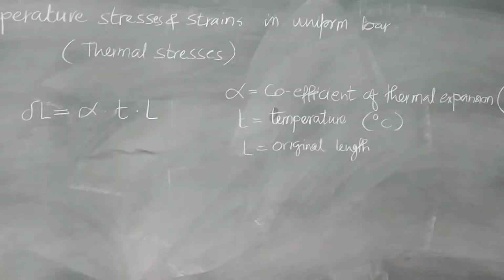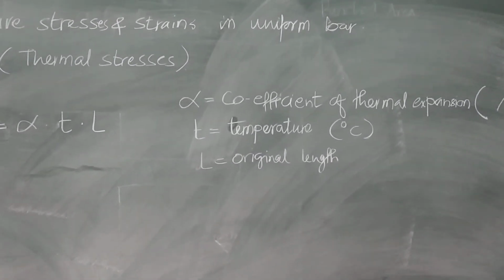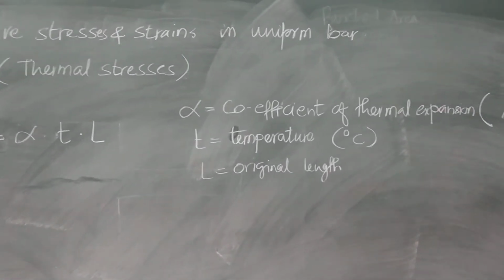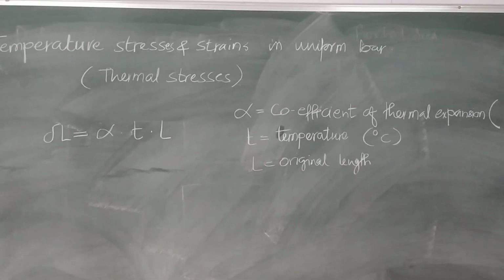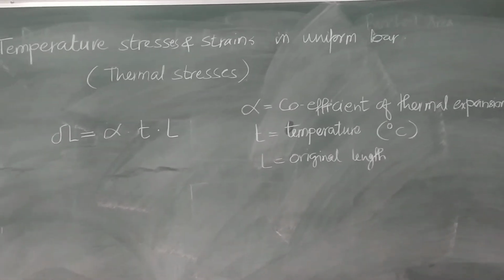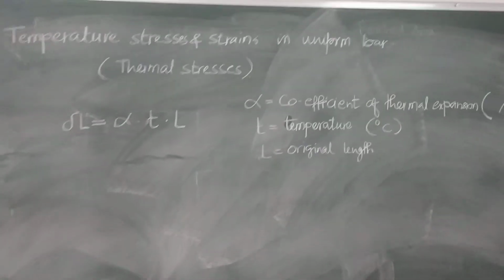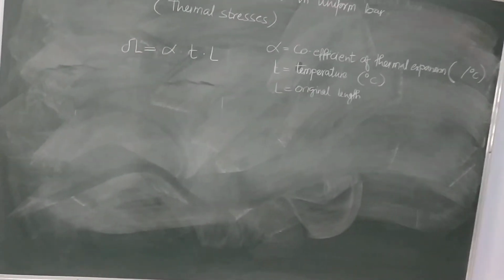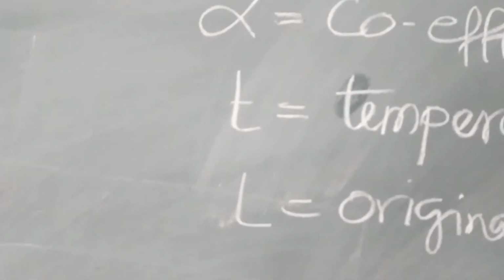If initially it is at 0 degree, and then we heated it to 50 degree centigrade, then final minus initial temperature is 50 degrees centigrade. And L is original length, expressed in millimeter or meter, and hence delta L would be in millimeter or meter.